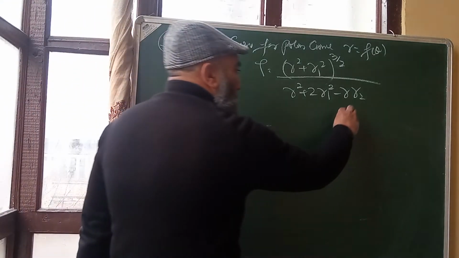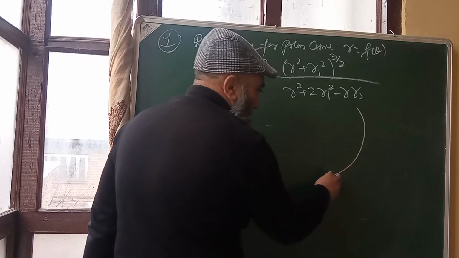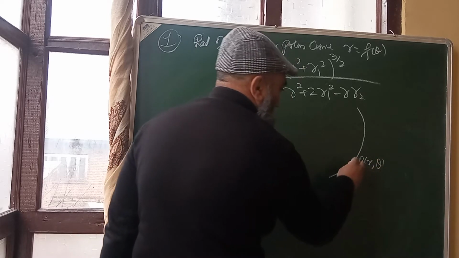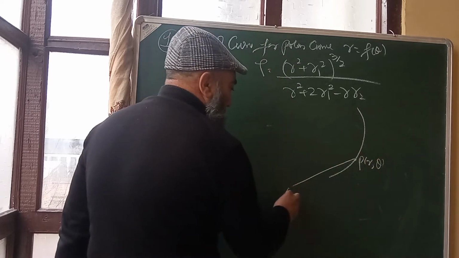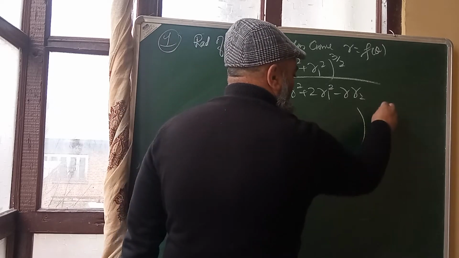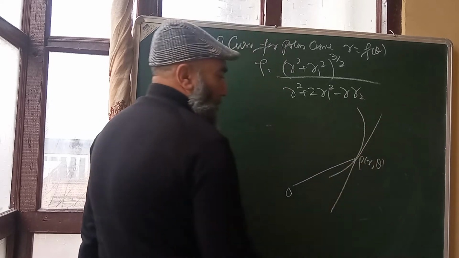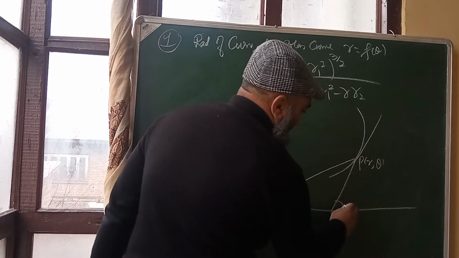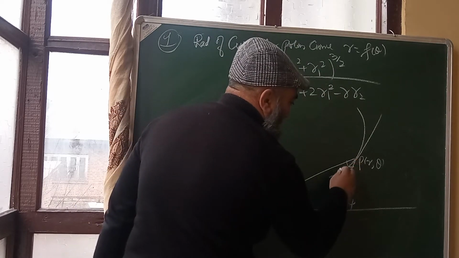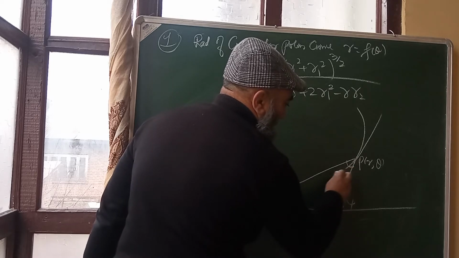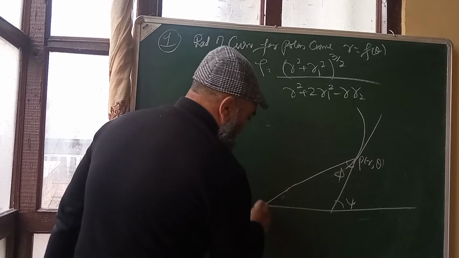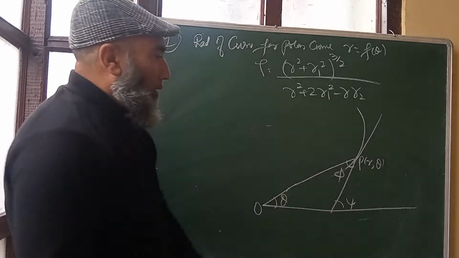See, you know, P (r, theta). This is the pole. This is psi. This is phi. This is theta. You know it.